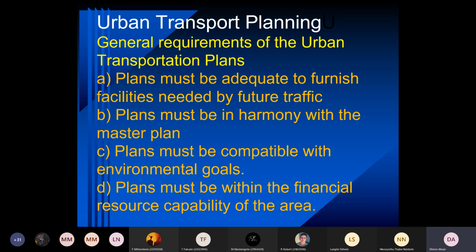So urban transport planning, then general requirements for an urban transport plan. You see firstly that the plan must be adequate and must cater for future traffic, must be in sync with your blueprint, your master plan. Okay? So any plan that you come up with must be in sync with your master plan, must be compatible with environmental goals.